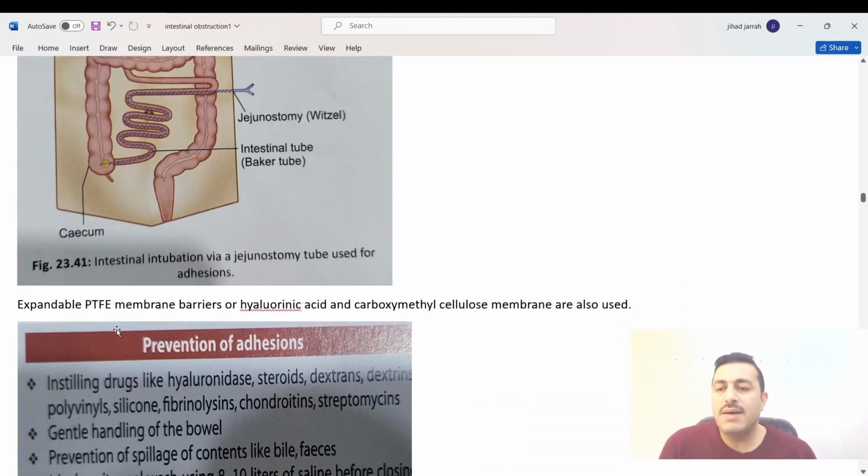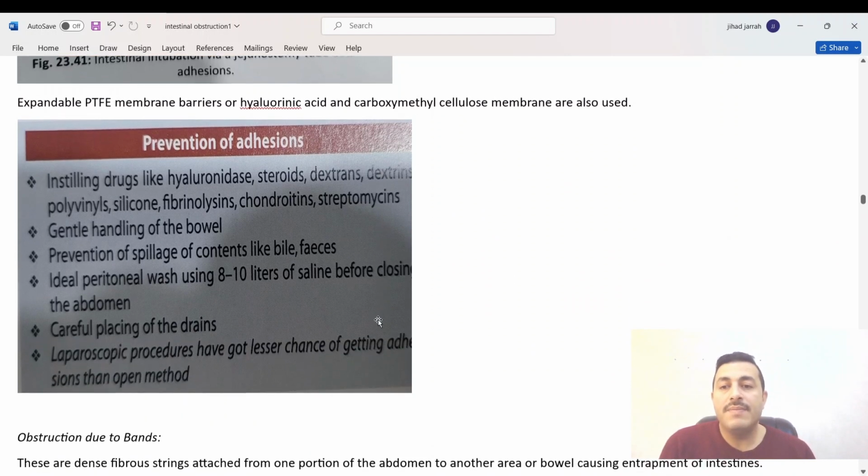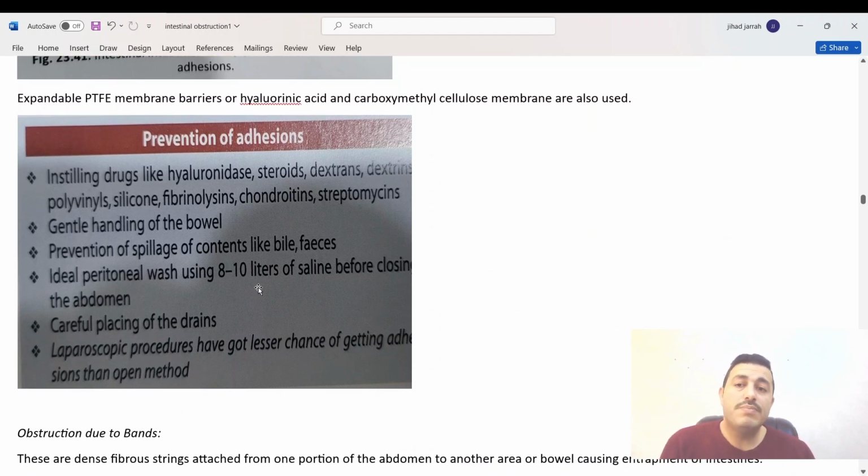Okay, some use an expandable Teflon membrane barrier. Some use hyaluronic acid. Here are modalities to prevent adhesion: installation of drugs such as hyaluronidase, steroid, dextran, polyvinyl, silicone, fibrinolysis, streptomycin.